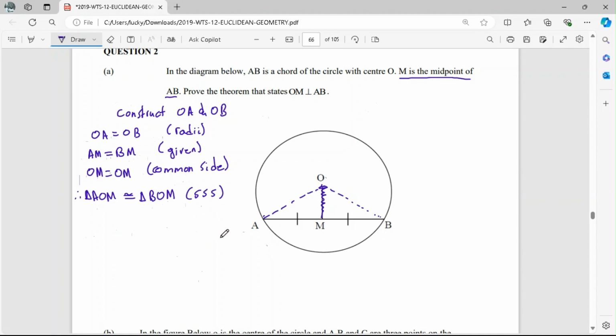Now, one would say, but how would a 90-degree angle come out of a side, side, side congruency?